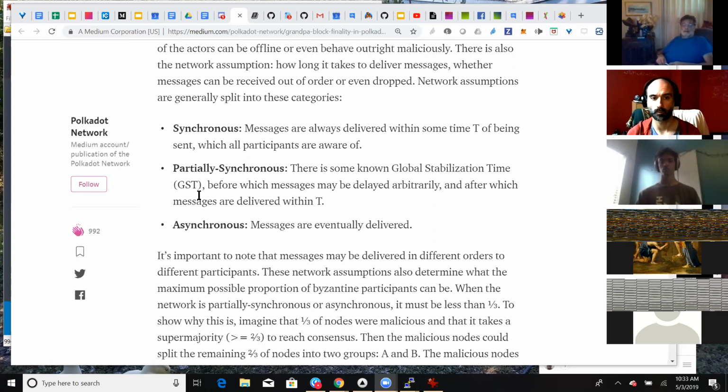But assuming that you've gotten 90% or some percentage of the messages within that global stabilization time, you have safety and you have finality to a certain extent. No, you don't. Finality is separate.